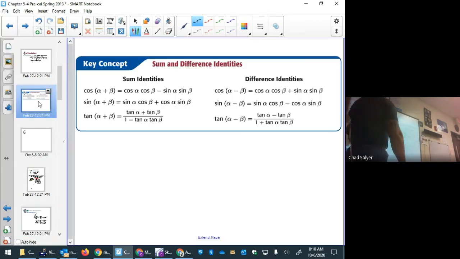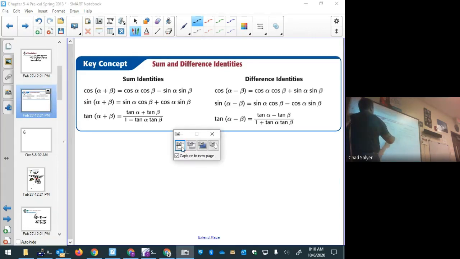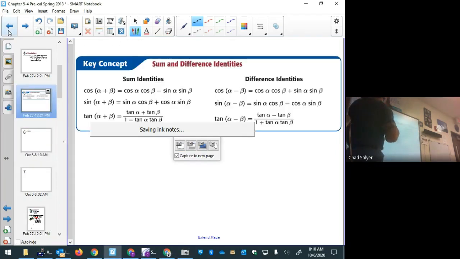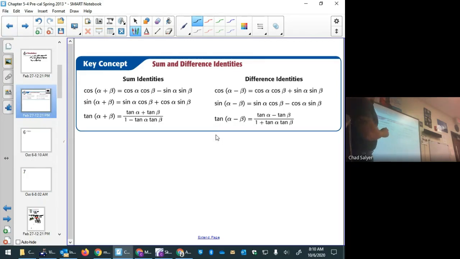So let's go back to our formula sheet here and get the tangent sum. Notice these are formatted a little differently than the cosine and the sine sum and differences. Also, I think on your little special sheet, there's something that could be confusing. It lists these two together, and it's got a little plus minus here.